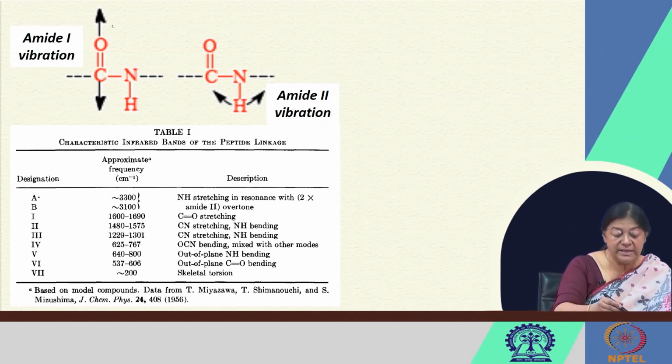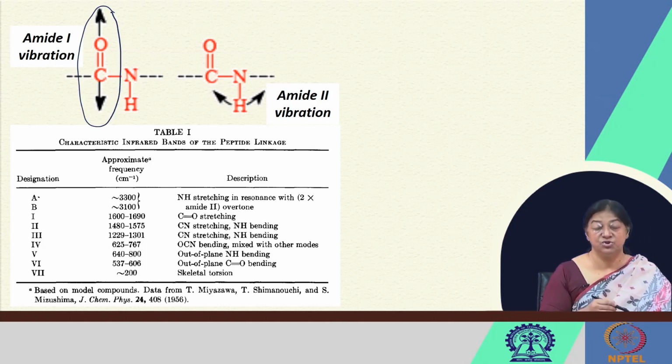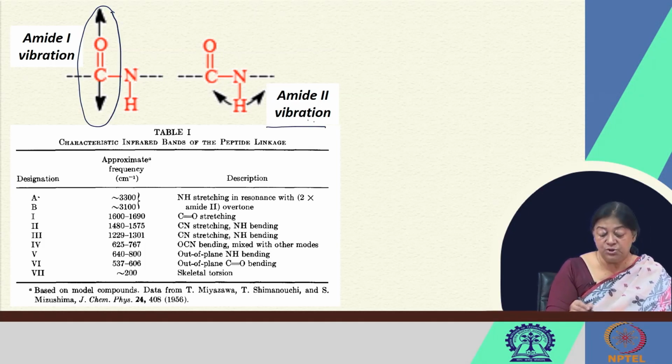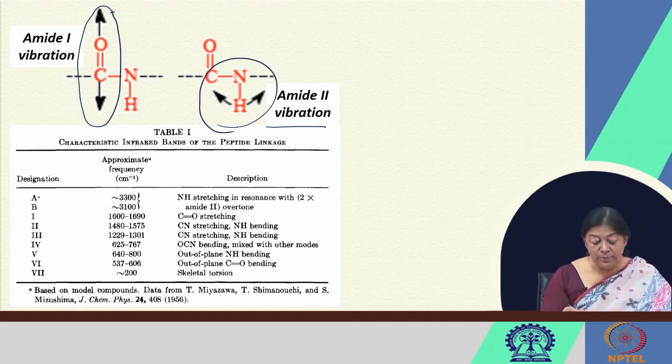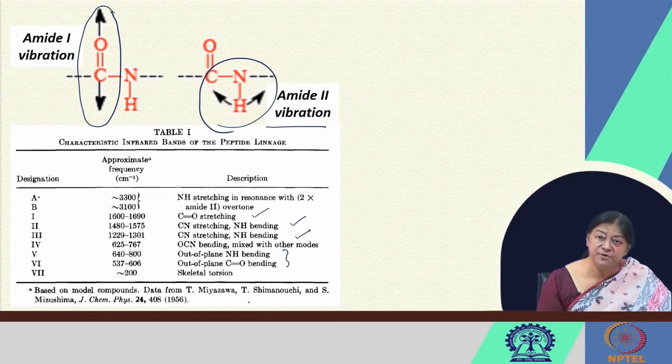So, when we are looking at the amide bond, the amide 1 is the CO stretching, and the amide 2 corresponds to the NH bending. There is also the CN stretching, and out of plane bending is also possible, which gives us information about the specific interactions that are involved.